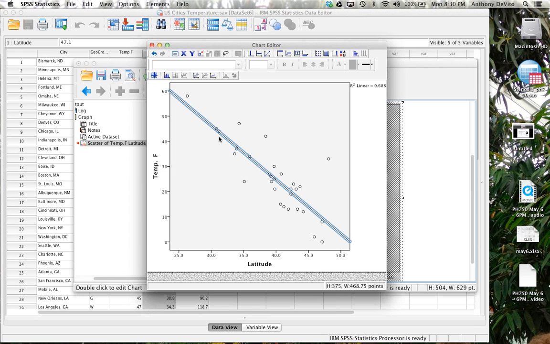I can ask it to draw a line which approximates the regression line, the best fit line between the latitude values and the temperature values, so that the distances of all these points squared from this line are minimized. This seems to be pretty much the best fit for this relationship.